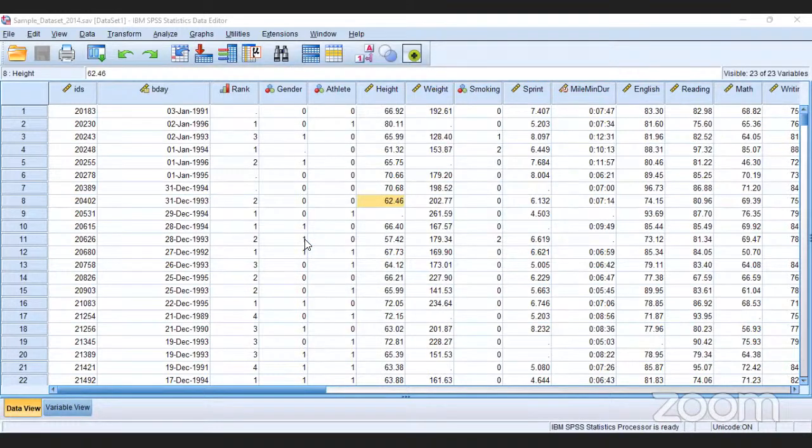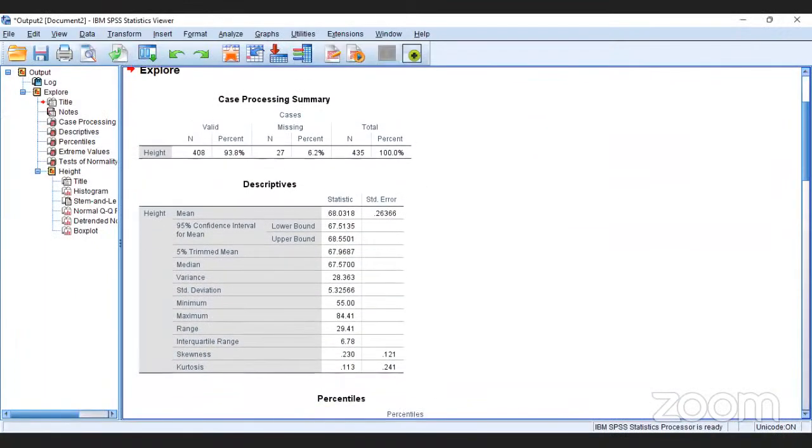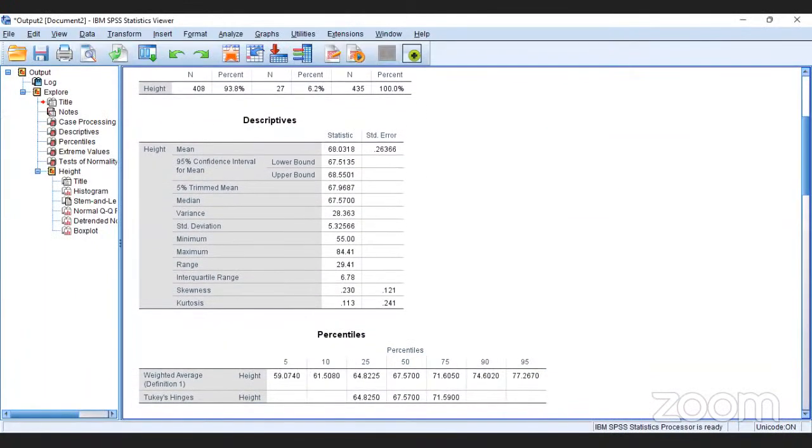With that, we have an output. So we're examining the height. So we saw that the height for our variable was 68.